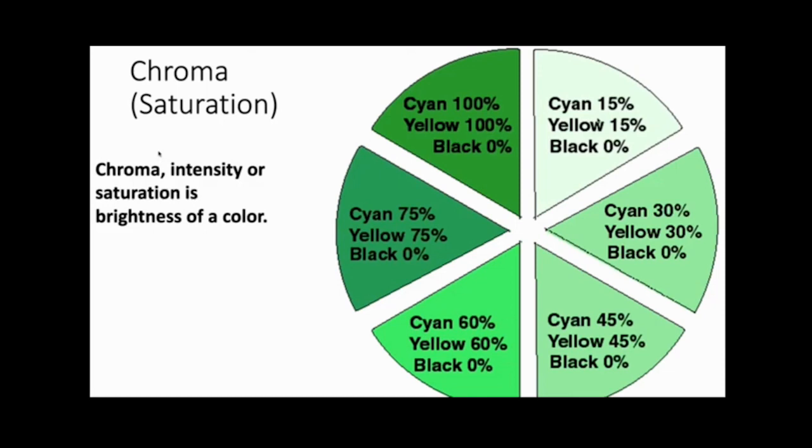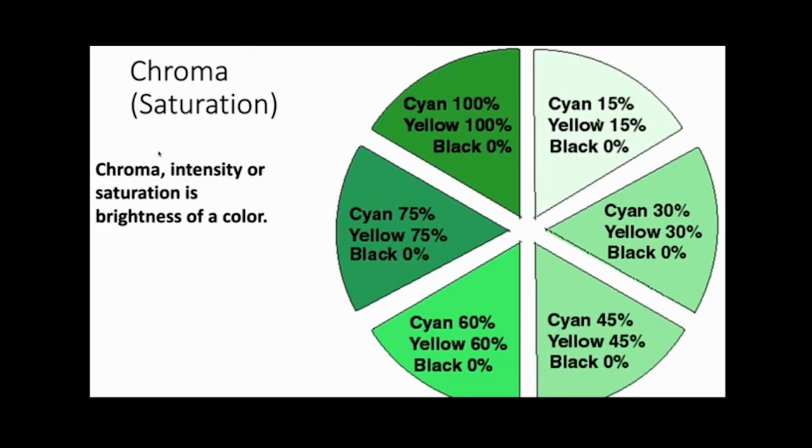If you look at the very top one, maybe at 11 o'clock on your dial, it is 100% cyan, 100% yellow, and 0% black. And you can see that this is a really saturated color. This is really full, and there's really no other change you can make to this.